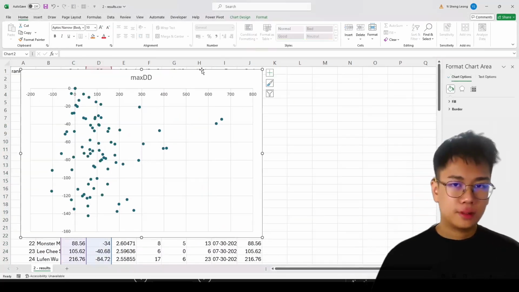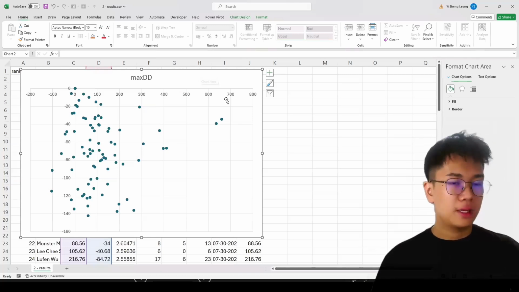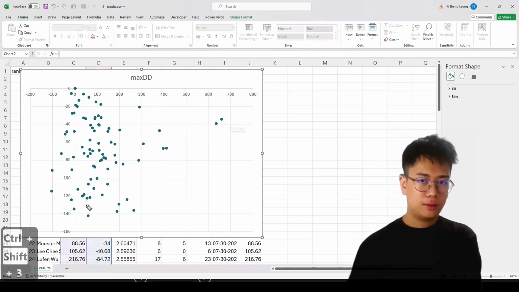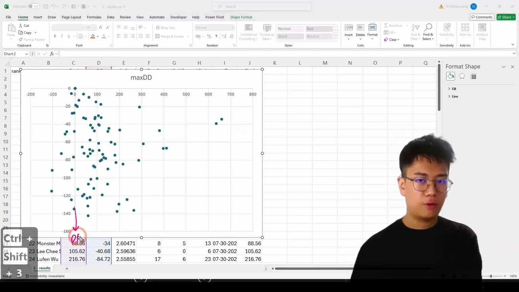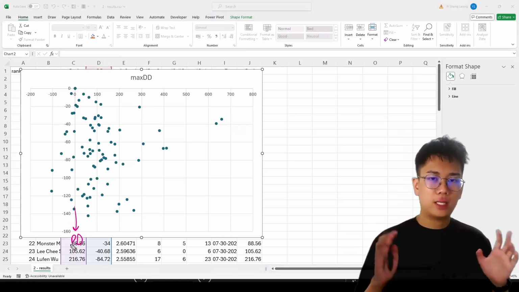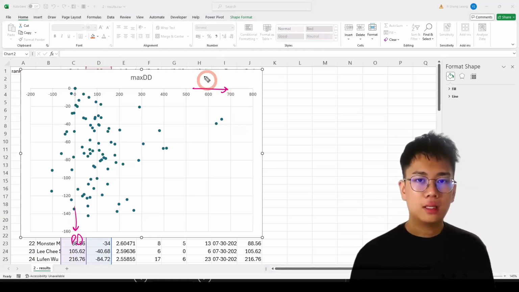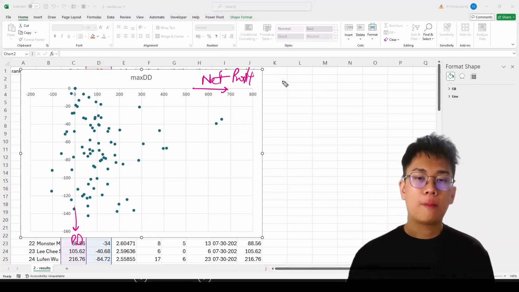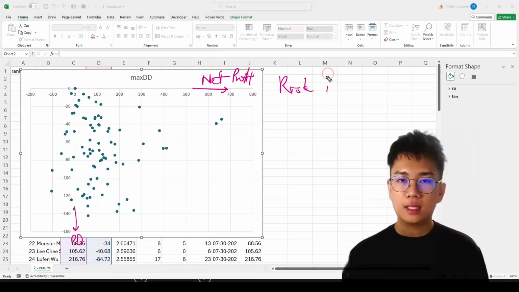Okay, now these are the drawdown graph. Based on this drawdown graph, we can see a few things. Up and down is your drawdowns, meaning your floating loss, and left and right is your final net profits. I believe that you may have heard what people said about high risk, high reward.